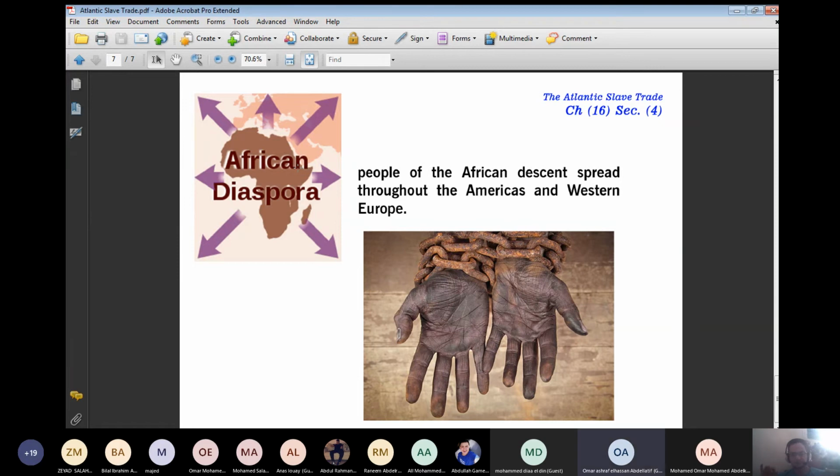Nowadays, if you have a look at American society, you're going to see some effects, some consequences, we can say the African diaspora in their society. You have a lot of examples. Let me tell you one.